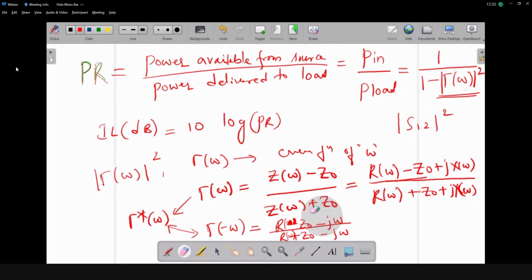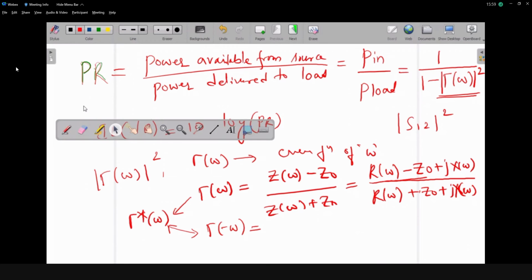This is nothing but R(ω) minus Z0 minus jX(ω), divided by R(ω) plus Z0 minus jX(ω), right?